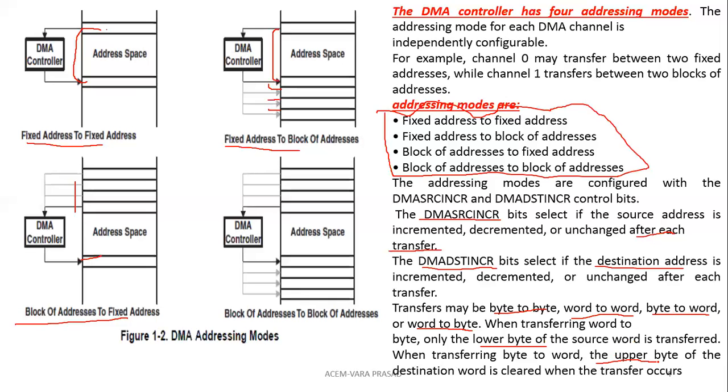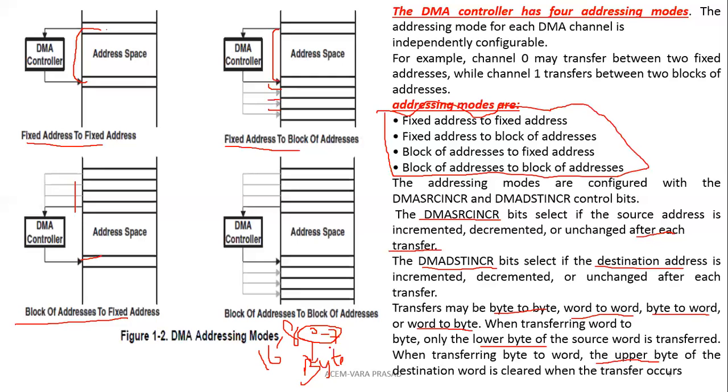Similarly, for word to byte, only the lower 8 bits, bits 0 to 7, are copied into the byte, because the remaining 8 bits are not used.